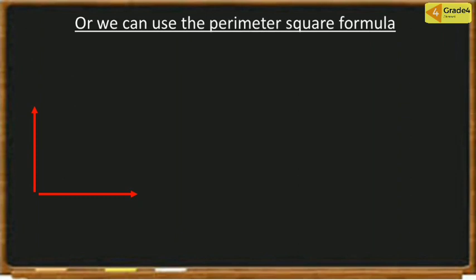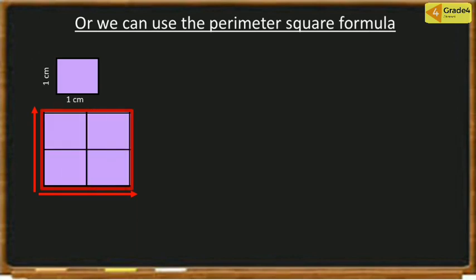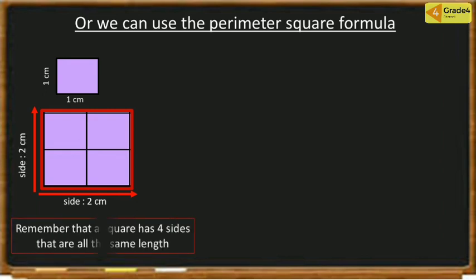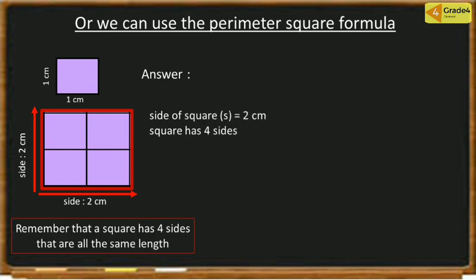Or we can use the perimeter of a square formula. Look at my picture. This is the square picture with a side of 2 centimeters. You must remember that a square has 4 sides that are all the same length. We can answer it together. The side of the square, which we can write as s, is 2 centimeters, and the square has 4 sides.